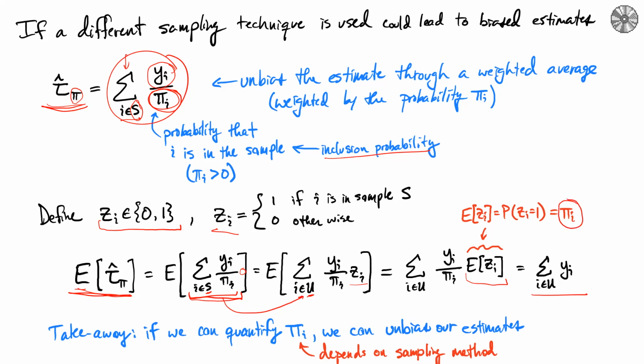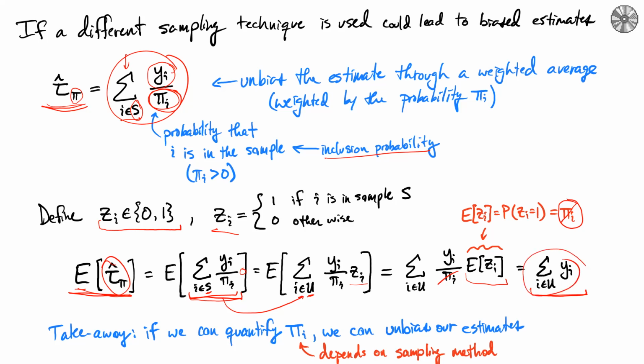That's the probability that that element is in the sample. And so that recovers a fraction of pi i. This pi i cancels with this one, and that leaves us with tau, which is supposed to be the sum over the population, and is indeed just the sum over the population.